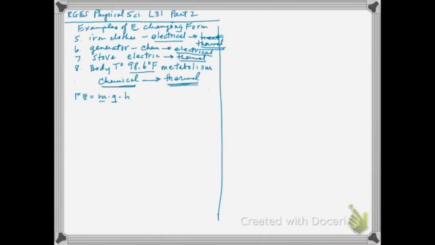The G is what's known as the acceleration due to gravity. Let me put that up here because that might help you understand this. Acceleration due to the gravity. And H, of course, is the height that this object is elevated.